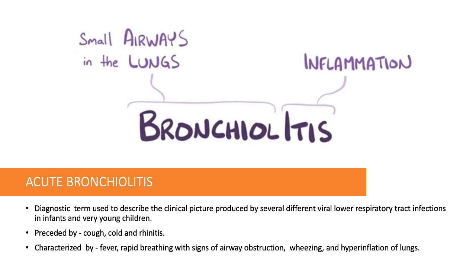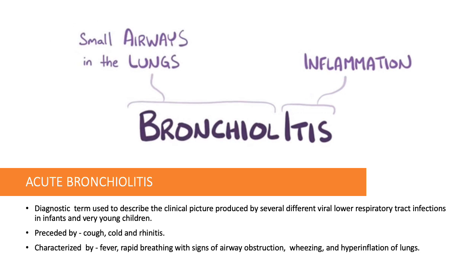So, now as we know the basic airway anatomy, every one of you can make it out from this term bronchiolitis that it is an inflammation of small airways of the lungs, or inflammation of bronchioles. So, acute bronchiolitis is a diagnostic term used to describe the clinical picture produced by several different viral lower respiratory tract infections in infants and very young children.